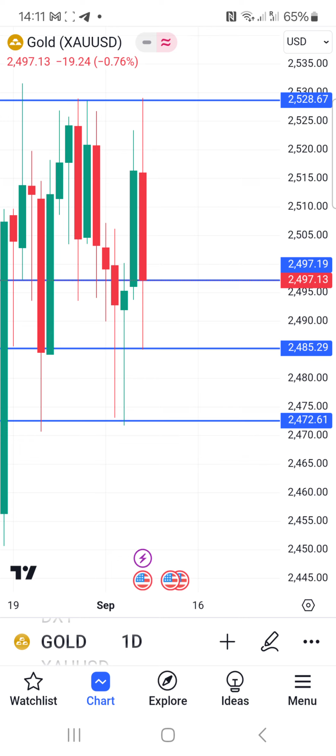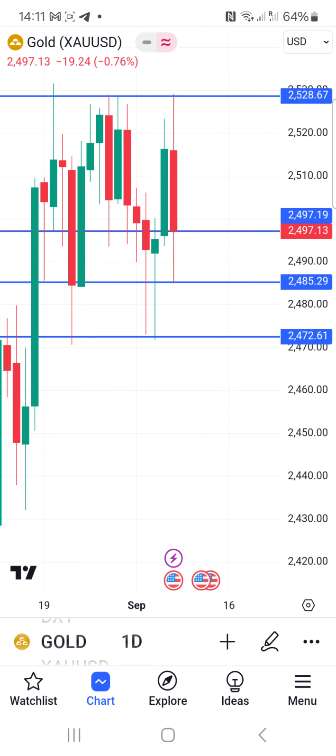These lines will help us to at least predict with high probability where the price wants to go. Either it wants to go higher or lower, or it will continue ranging in these areas.